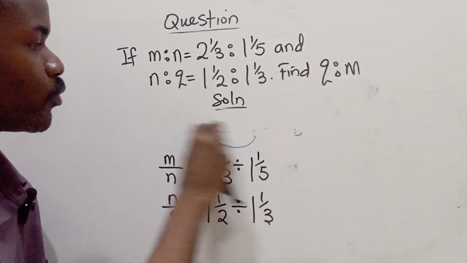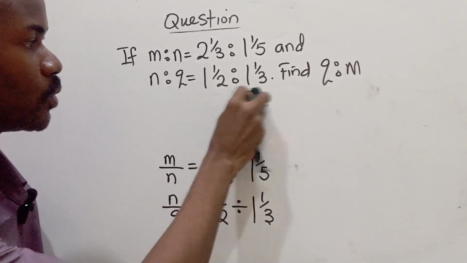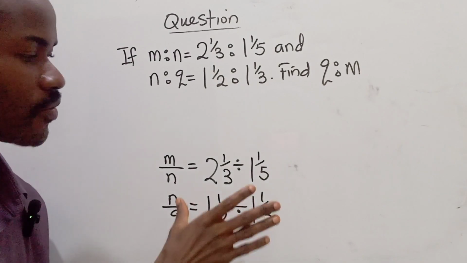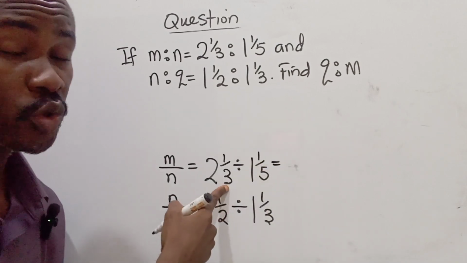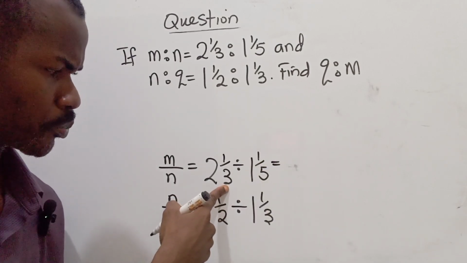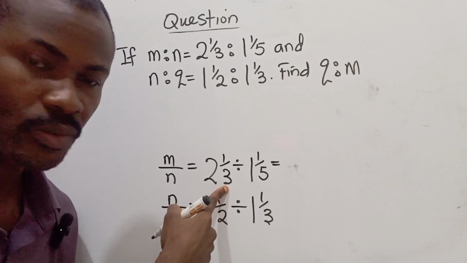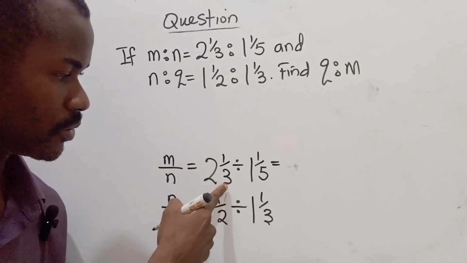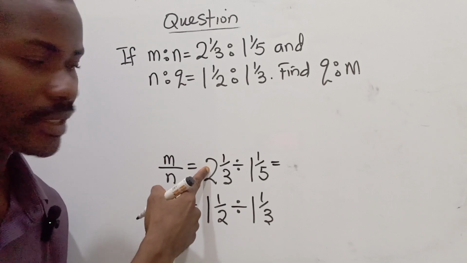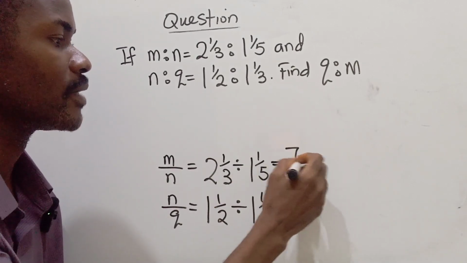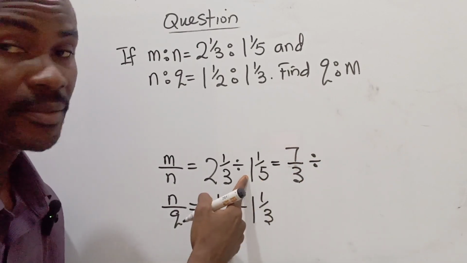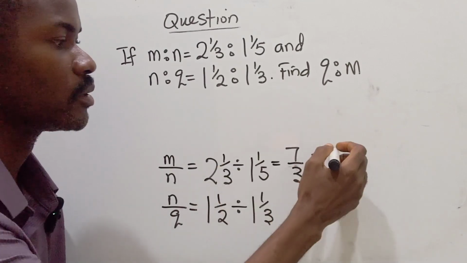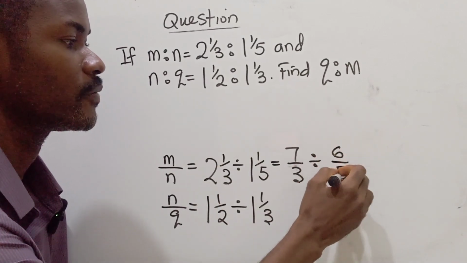Now with this step, we can solve these problems on fraction. I'm going to change this from mixed fraction to improper fraction. So 3 times 2 is 6 plus 1, I have 7 over 3. So this is divide. 5 times 1 is 5 plus 1, I have 6 over 5.